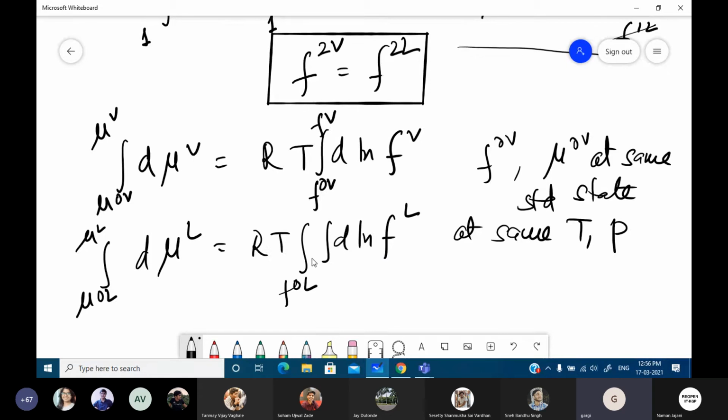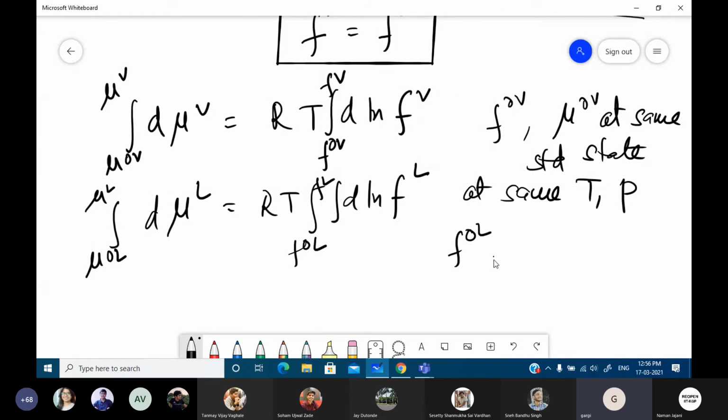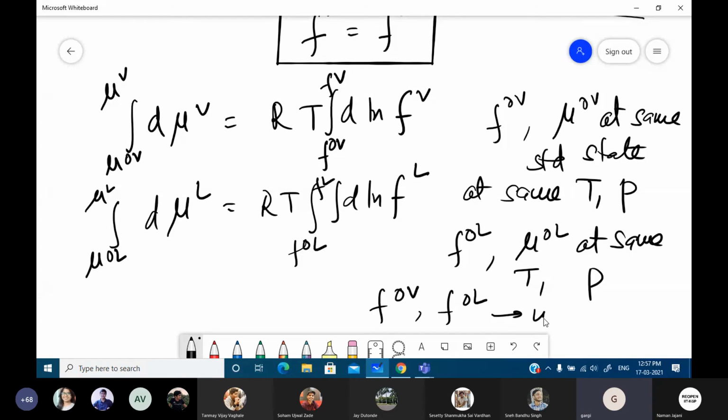Here also F0L to FL I start. And here also F0L and mu0L are at the same T and P. But in this case, F0V and F0L are not at the same P, but they have to be at the same T because I am doing everything under constant temperature.